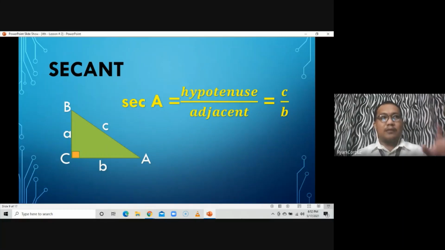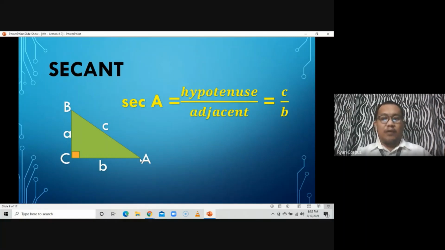Cosine is equal to adjacent over hypotenuse. So you reverse that ratio, and you'll have the trigonometric ratio we call secant. So secant, with regards to angle A, will be equal to hypotenuse over adjacent.